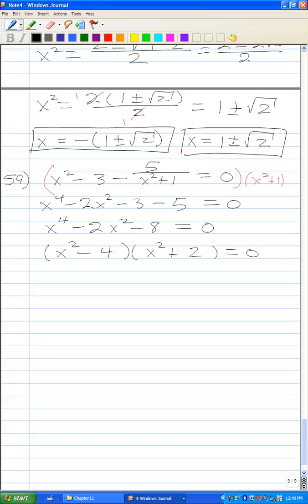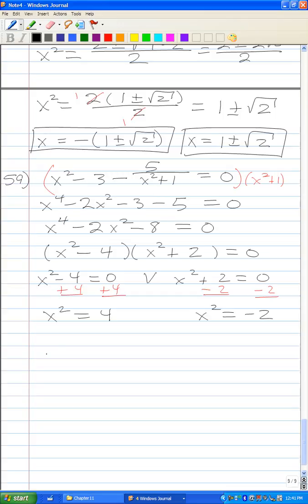And so I'll just set each factor to 0 in this case and solve for x. Add 4, subtract 2. And so x squared equals 4, x squared equals negative 2.